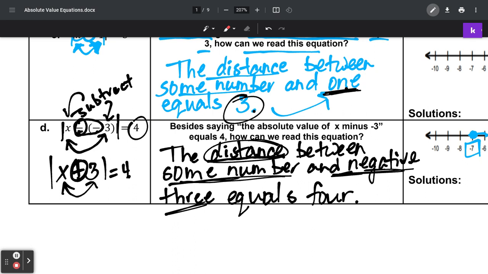So what subtraction problem gives me a +3? Well, minus a -3. So now I know it's the distance between x and -3. But again, the point I'm trying to make is, although I wrote the original problem like this, you will never ever see it as minus a negative. You will only see it as plus. Okay?